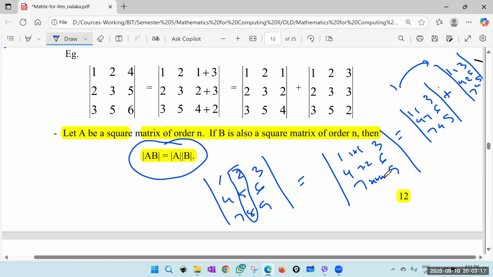This could have been, rather than 4 plus 4, 7 plus 1, or 10 minus 2. If it is 10 and minus 2, then this is 10, this is minus 2.